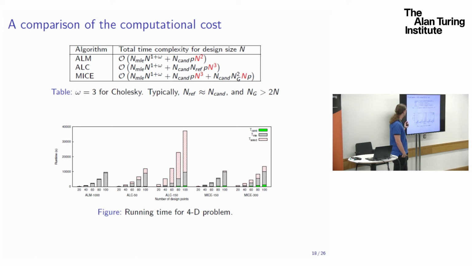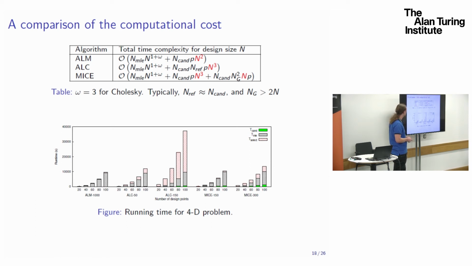So the comparison in terms of the computational cost is that the ALM is growing with the design capital N, the number of design points, in square, whereas the ALC and MICE is cubic. The only issue is that with ALC, you have this extra multiplied by nref, which would be the number of integration points that you needed to compute your expectation.